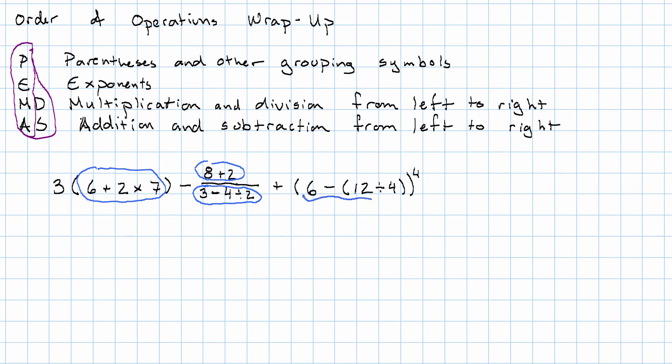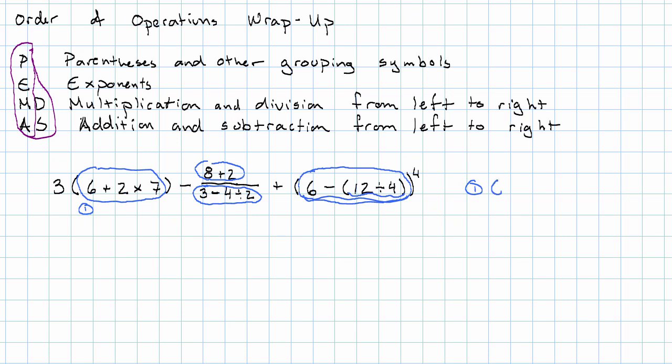Because this is one group, and then I have a group within a group. How should I handle that? Well, I'm going to choose to look at the big group, and we'll see what happens. Okay, now I have something to be getting on with. I'm going to look at this first group.